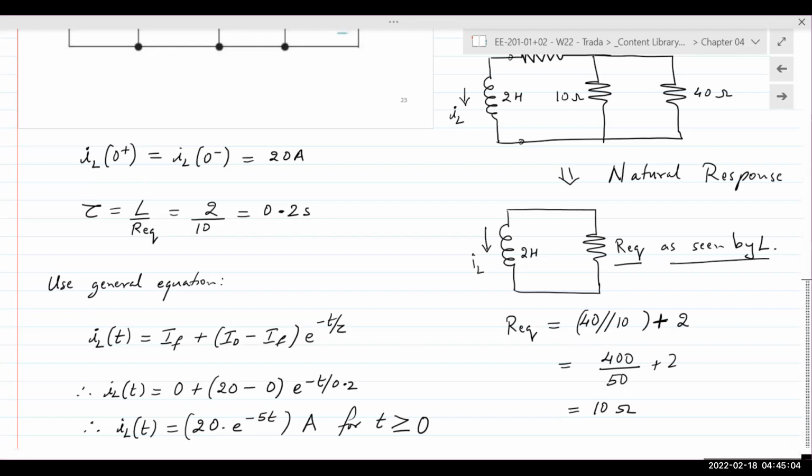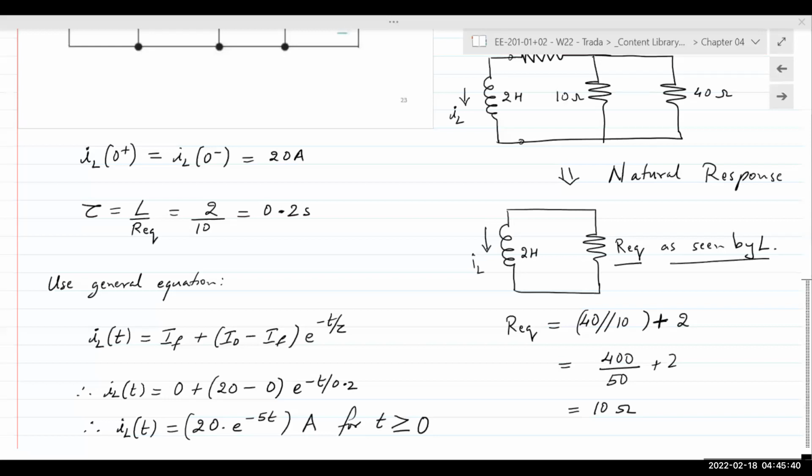I can also write IL of 0 plus is equal to IL of 0 minus, which is equal to 20 amps, meaning the inductor, when it begins discharging the energy, has a value of 20 amps. Remember, current through an inductor cannot change instantaneously, and that is the principle we use to determine the initial current for that inductor.